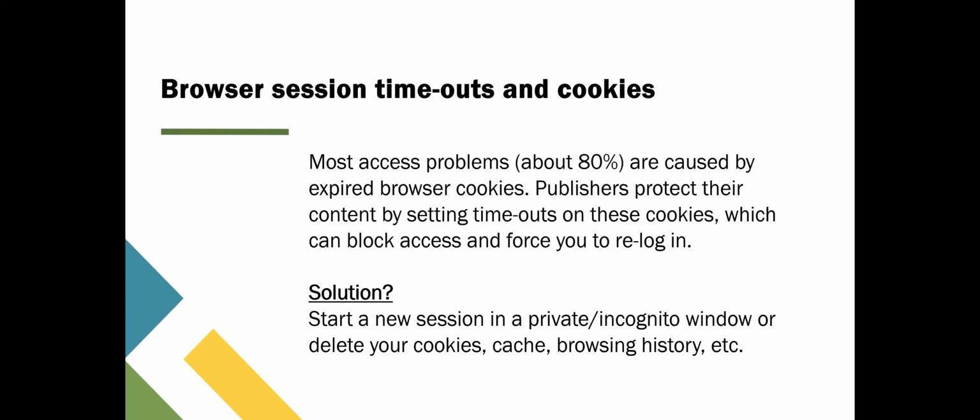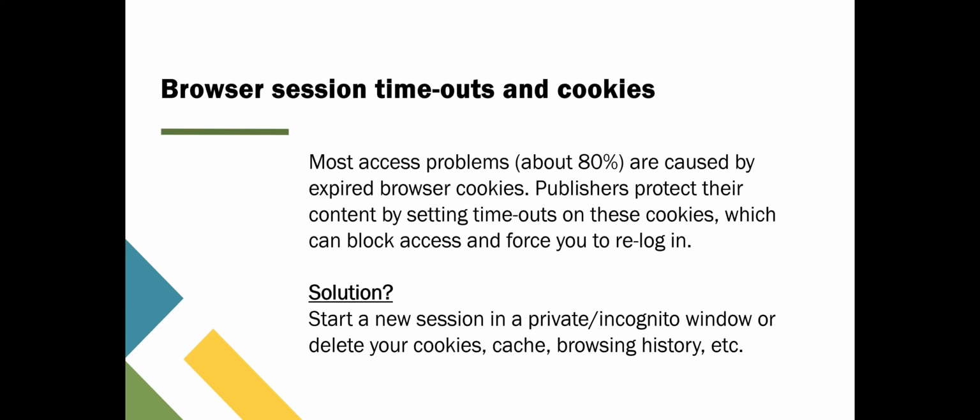So, website cookies. Websites use cookies to recognize returning users. Very useful for online retailers who save your shopping cart, but not ideal for publishers who are very protective of their subscribed content. Publishers protect their content by setting these timeout cookies, which can block access and force you to re-log in.